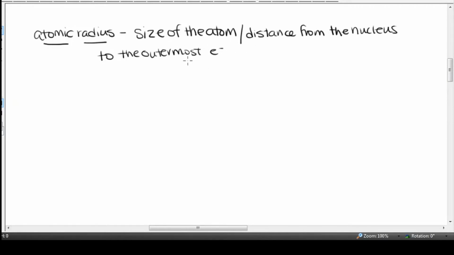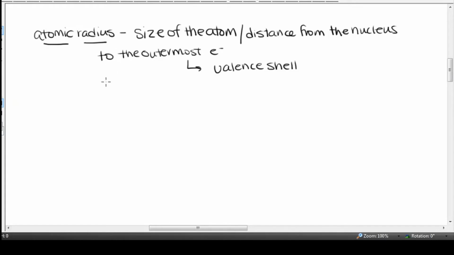And remember that outermost electron exists in what we call the valence shell. And we know that the valence shell is the one with the highest principal quantum number, like the biggest coefficient if we were looking at an electron configuration. Okay, so the atomic radius is the size of the atom, the distance from the nucleus, from the protons, to the outermost electron.